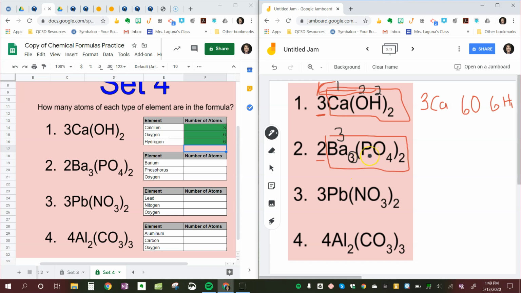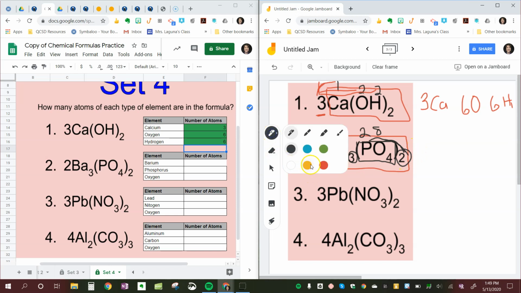How many phosphorus? It's inside the parentheses, so don't forget, if it's inside the parentheses, it's affected by the subscript outside of the parentheses. So we get 2 times the P, so 2 phosphorus, and 2 times the 4, or 8 oxygen.